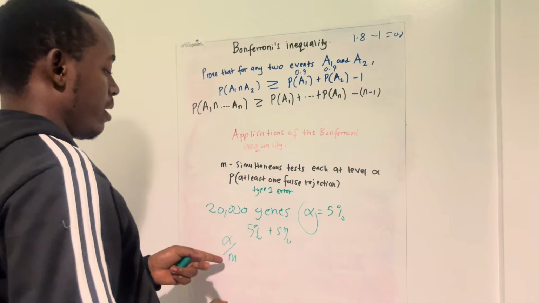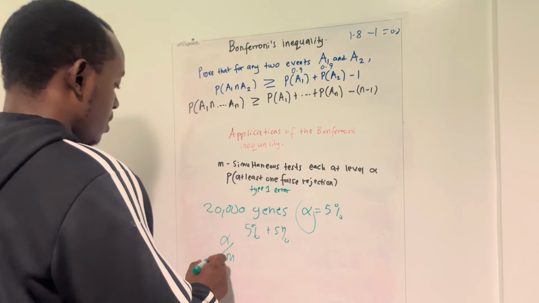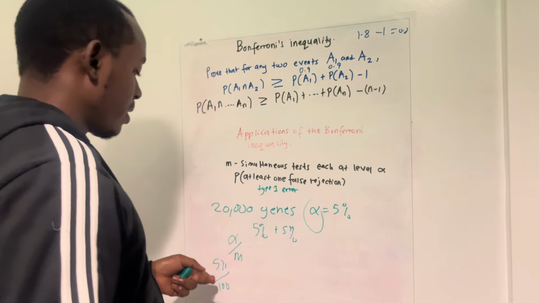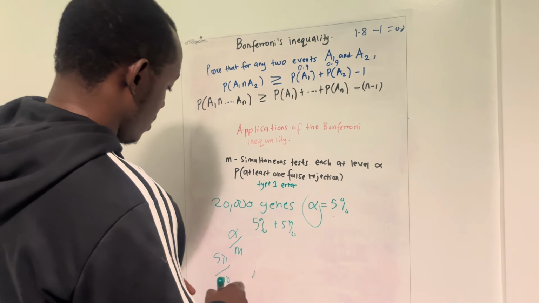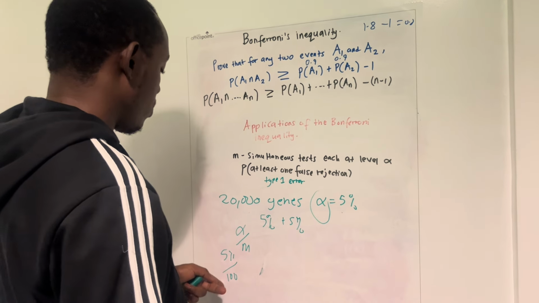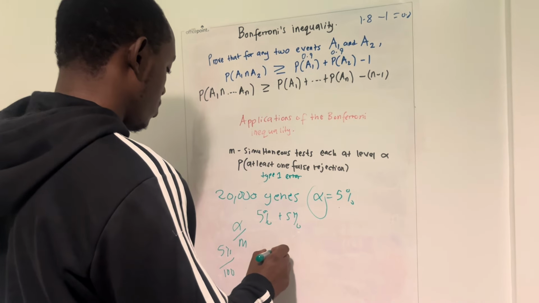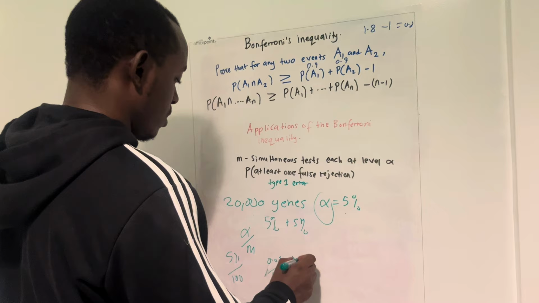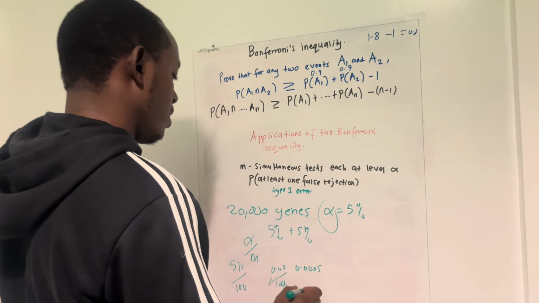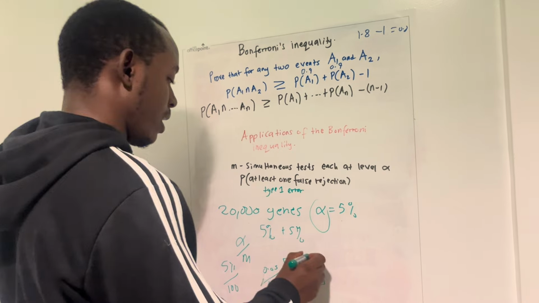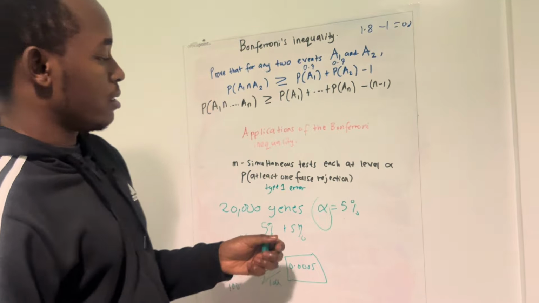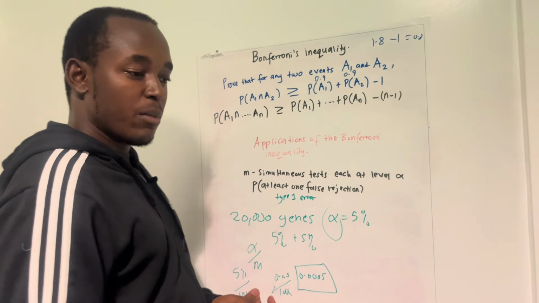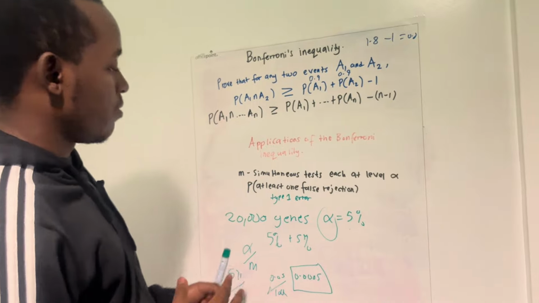If it's 100 tests, that would be 5% divided by 100. So 0.05 divided by 100 gives 0.0005.